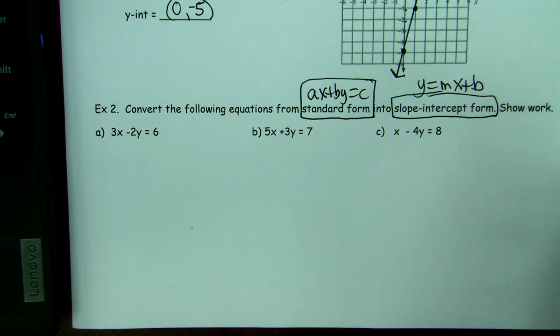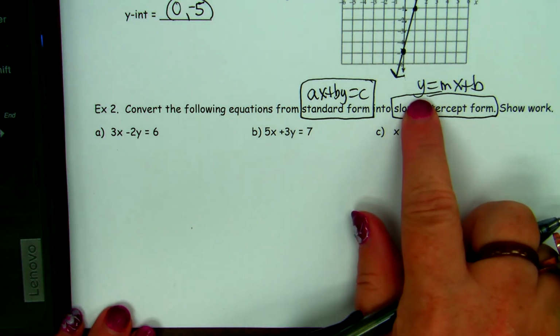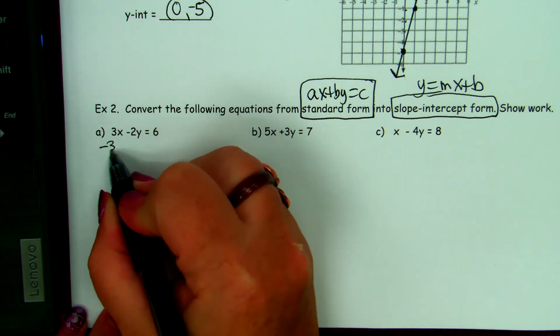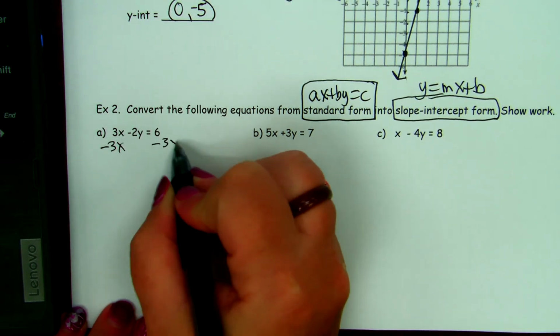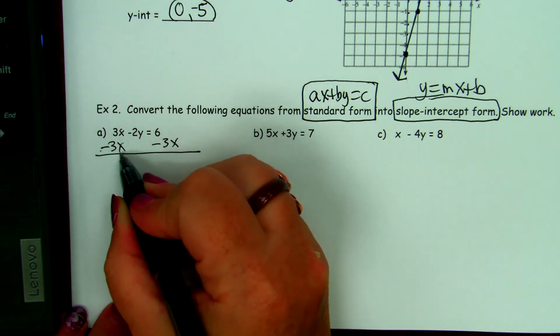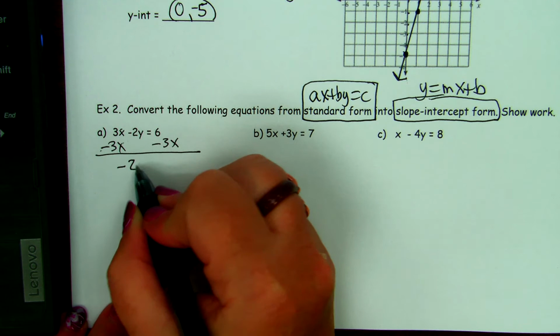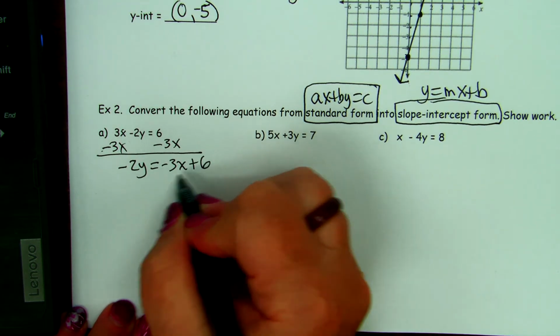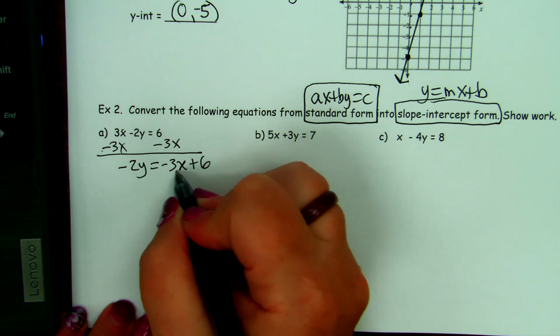So which variable needs to be by itself? The y. So we leave the y where it is and we subtract 3x to get it to the other side. 3x minus 3x is 0. And you always put the x in front because it's mx plus b.